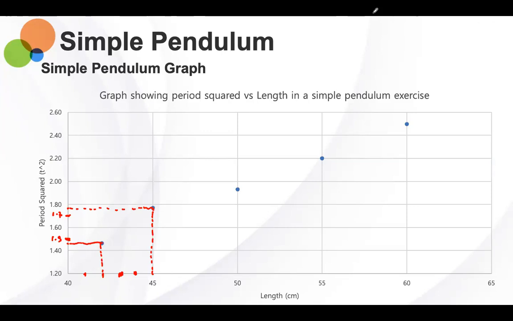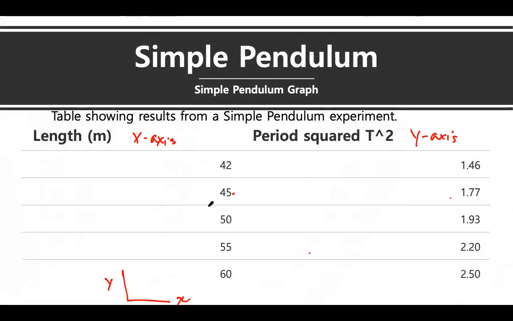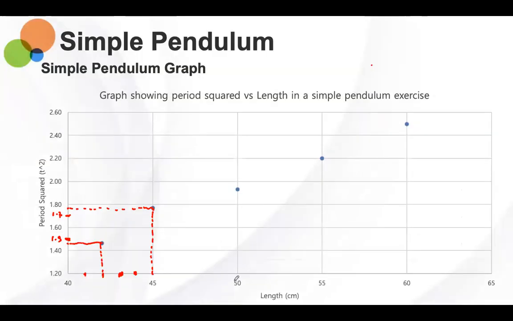All right. So we go to the third one. The third one is 50 and 1.93. You would see something like 50 on the x-axis, and you would match this up to 1.93 on the y-axis.